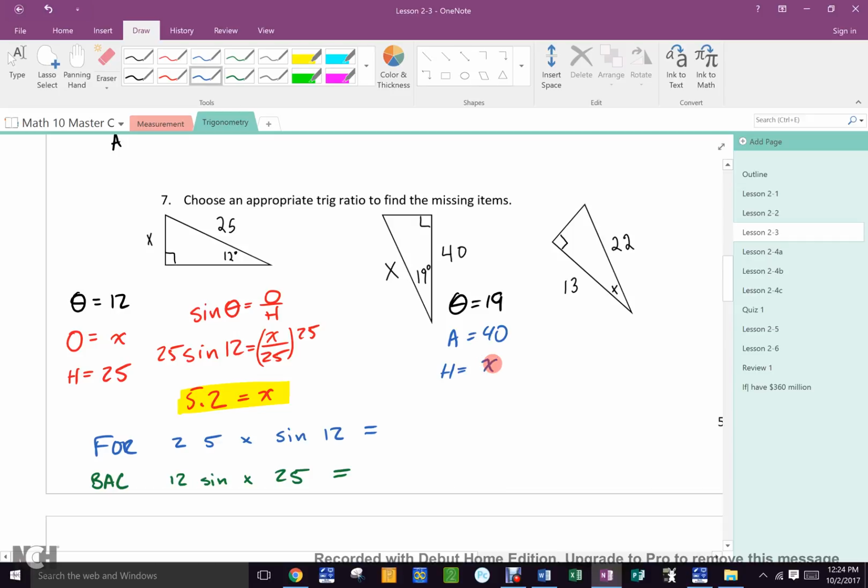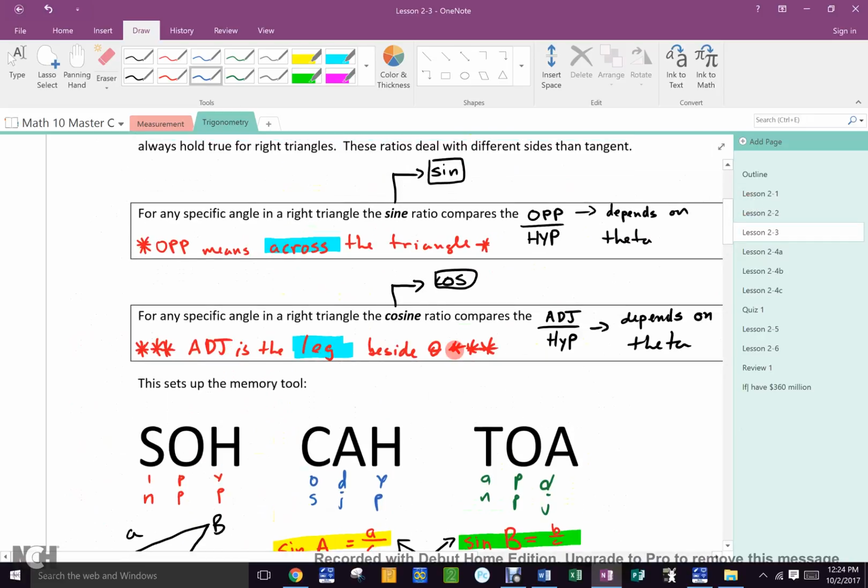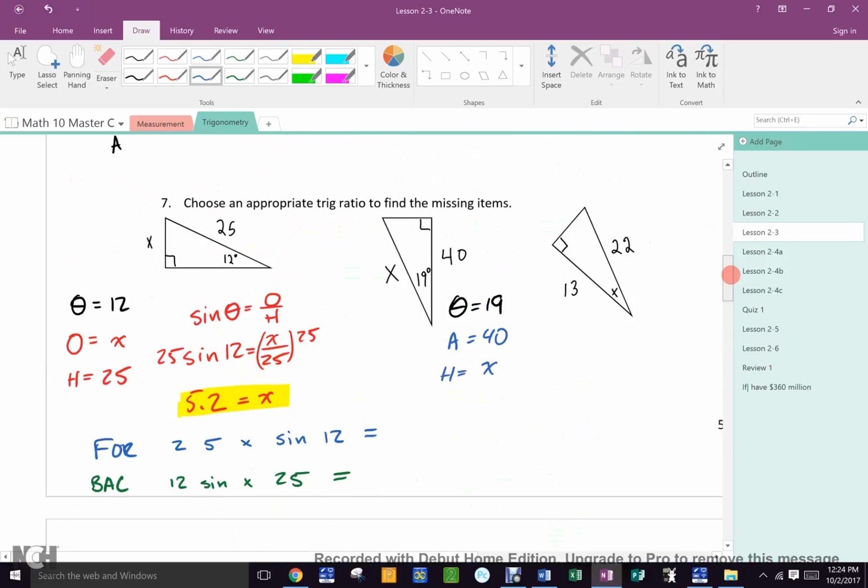Which one of the three will I use? Brianna, I have an answer. No, Brianna, because of what I explained right here. The adjacent is the leg beside the theta.